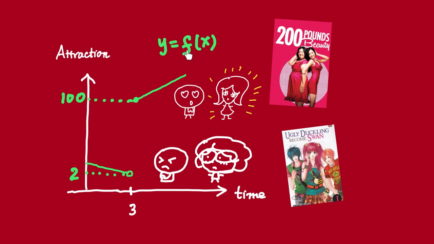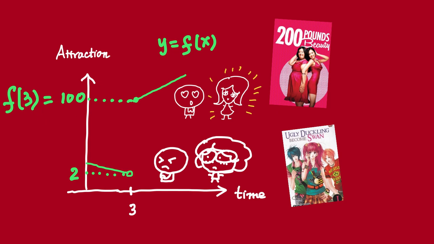If we view his attraction as a function of time and denote it by f(x), then what does it mean to say that right here, right at this month, his feeling jumped from 2 to 100? Well, we know that the value of f right at 3 is 100, right? His attraction right at that moment in this 3rd month is 100. And we know how to express that symbolically.